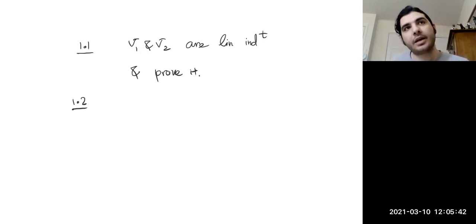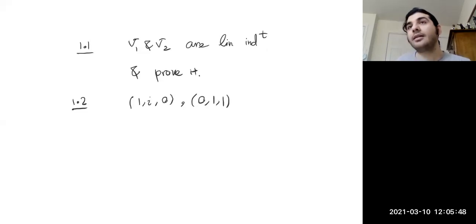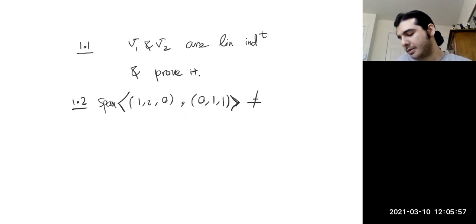Here we have two vectors, and they are linearly independent, but they do not generate the whole C3. The span of these two vectors is not the whole C3.